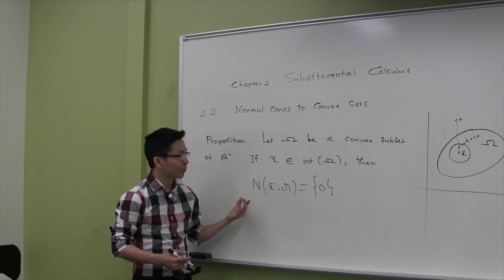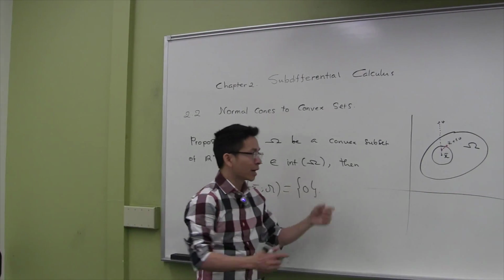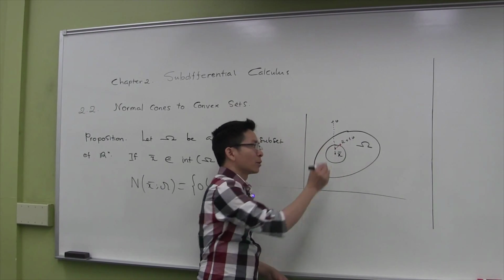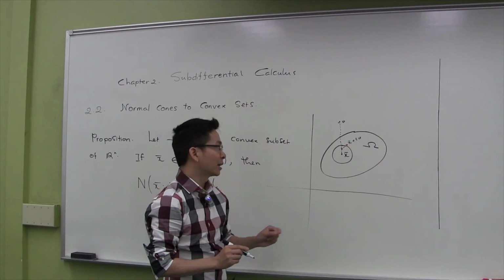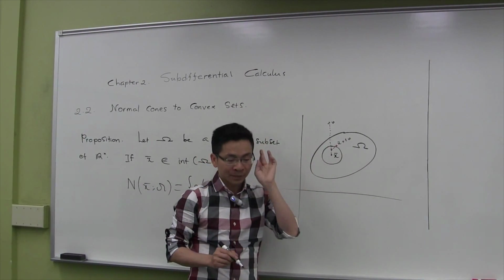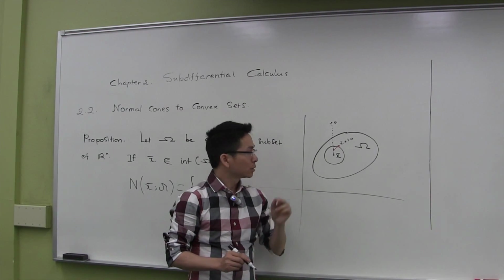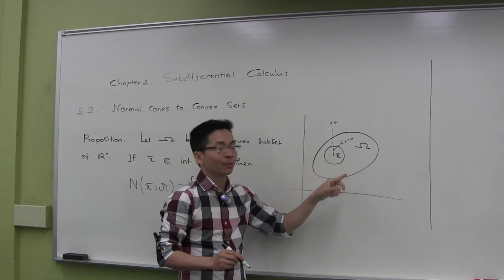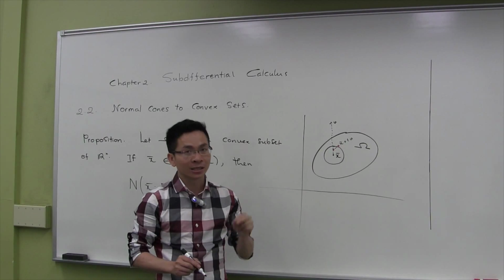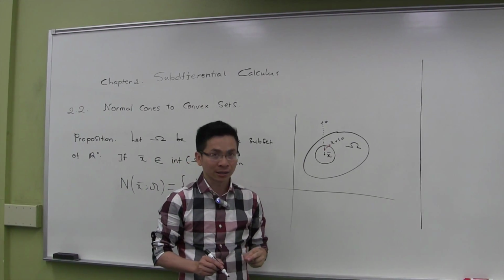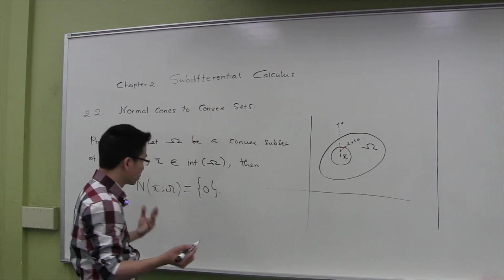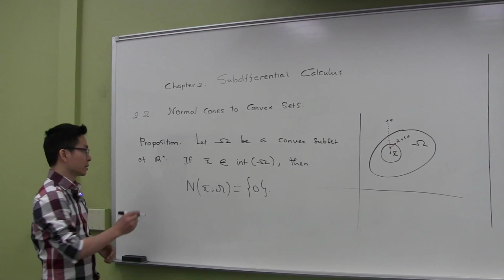And in this proposition, we show that if x bar belongs to the interior of omega, then the normal cone to omega at x bar contains only one vector, that is the 0 vector. Okay, so let me go through the proof of this proposition.